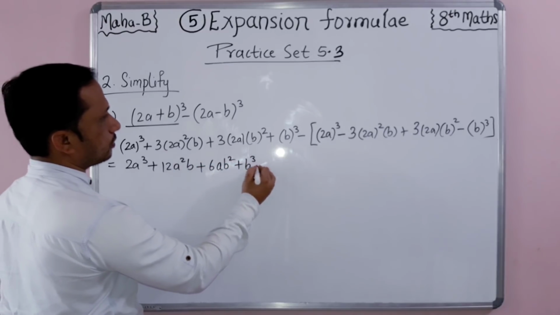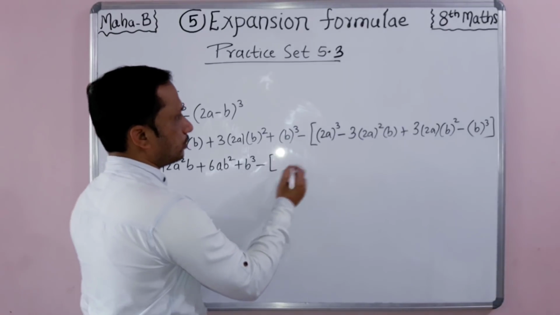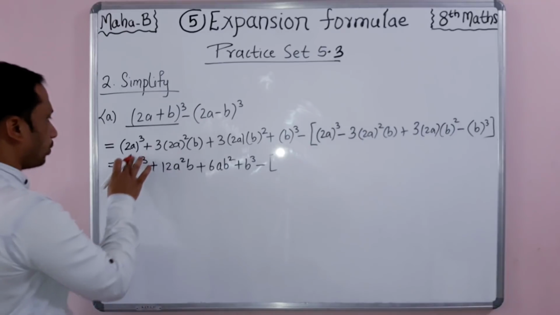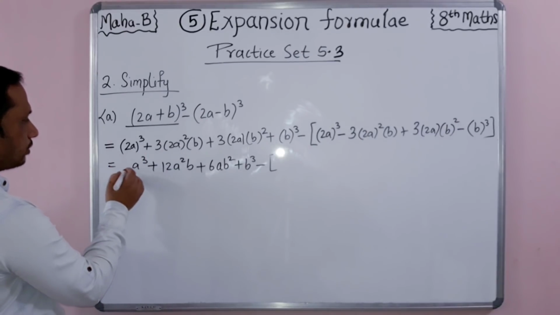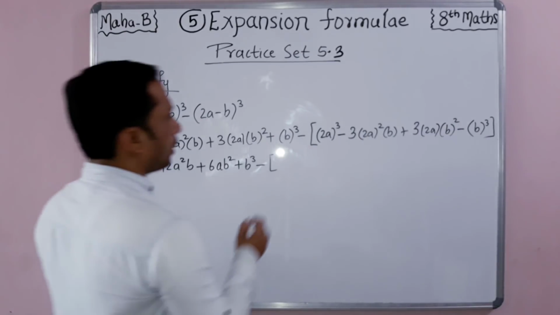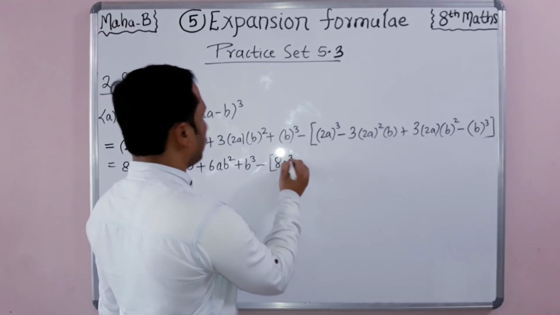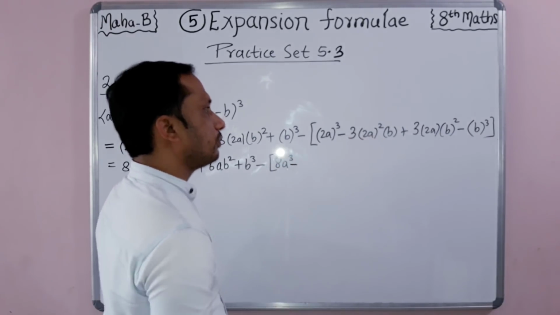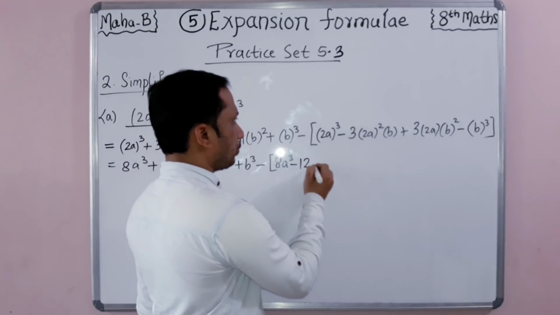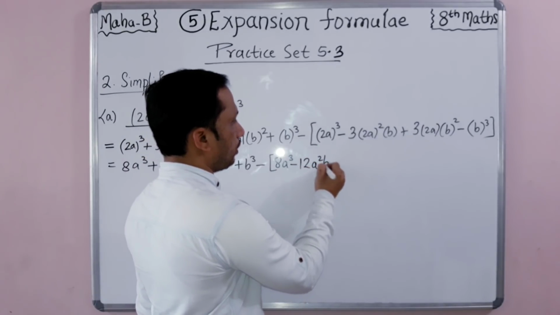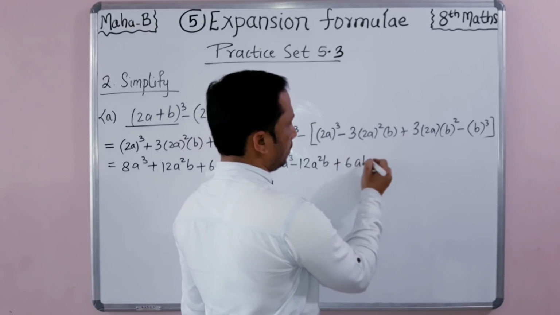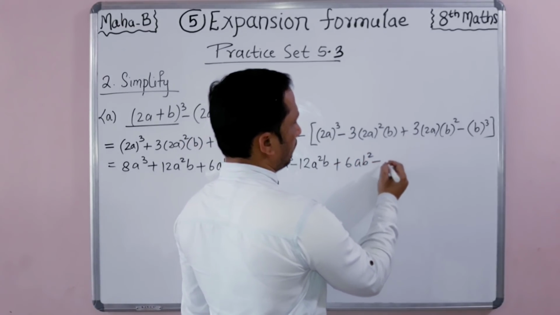Minus, again solve this: (2a) cube is 8a cube, minus 12a square b, plus 6ab square, and minus b cube.